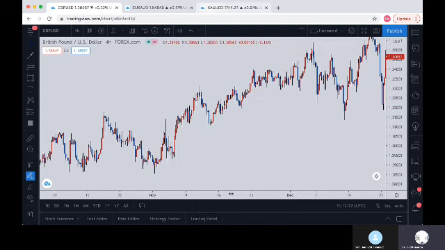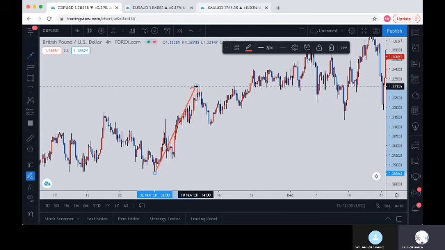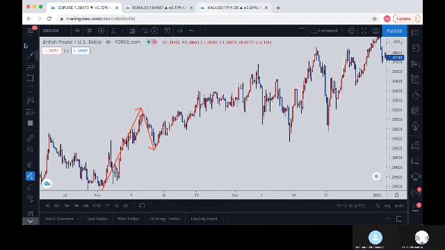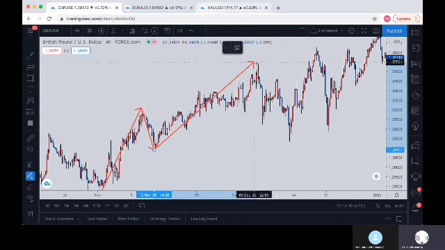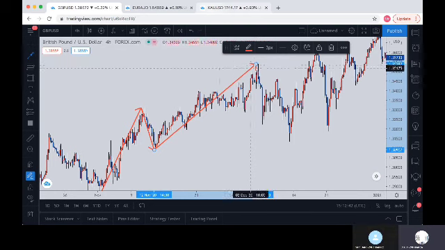Now, the second one that you did, this one is correct, but the market structure is too big. After you did this pullback right here, you did this big push up to the upside. This would be correct if you're swing trading, if you're analyzing on the daily, because this would be a whole daily move.